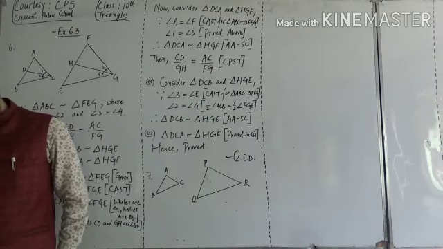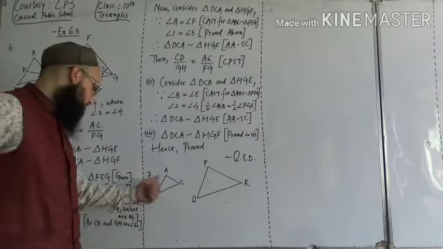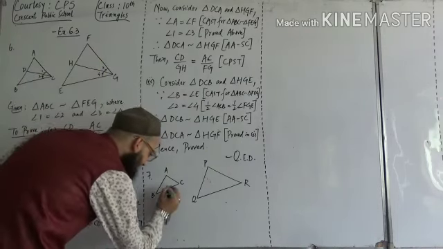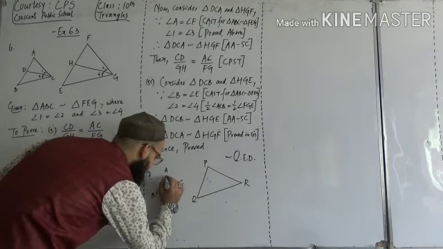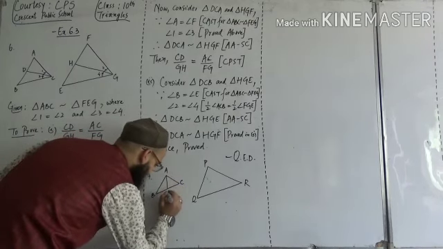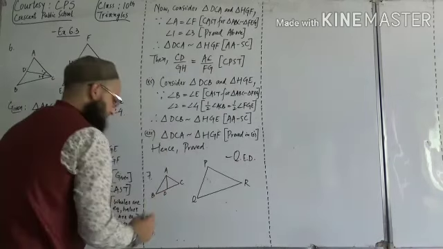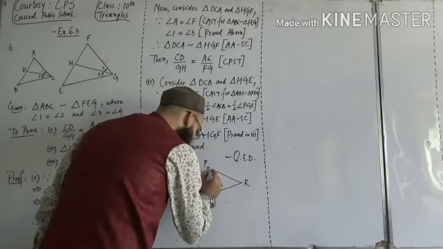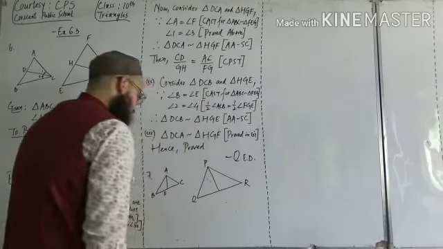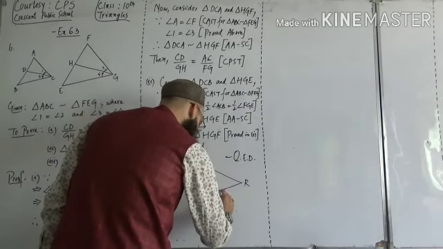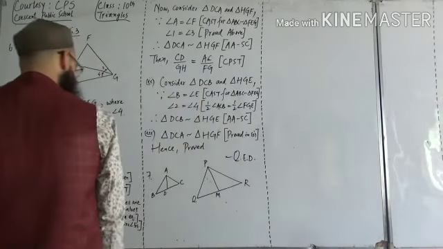AB, AC and median AD. We have in this triangle median AD. This is AD median, and here PM is median.